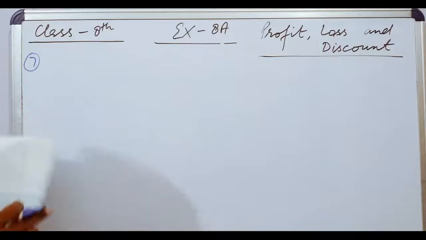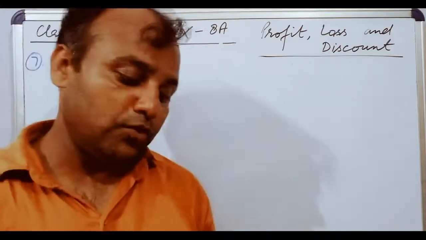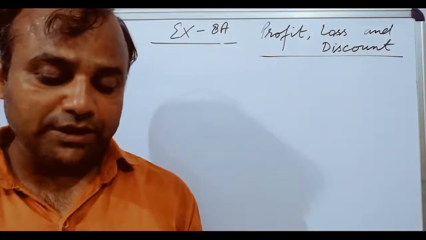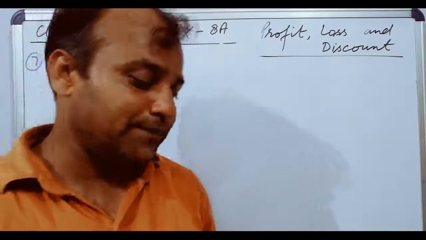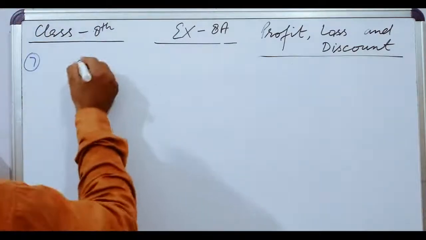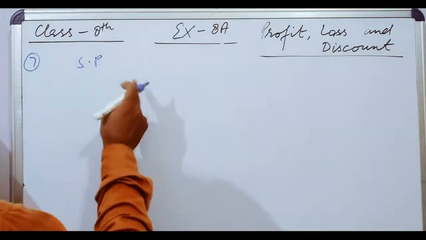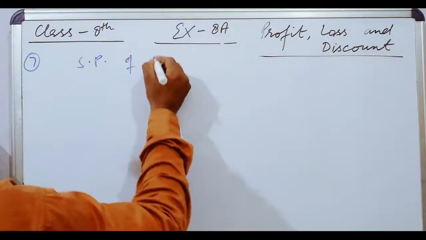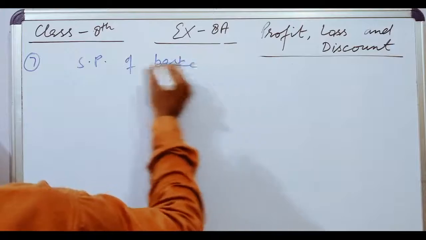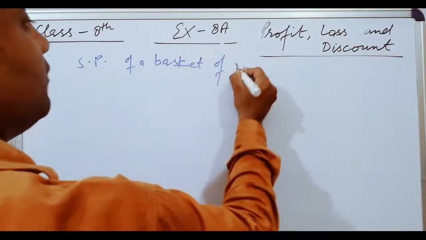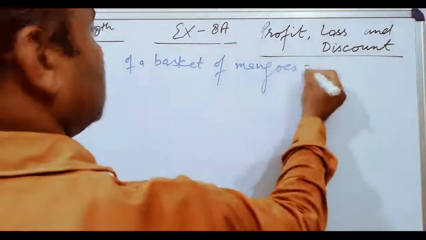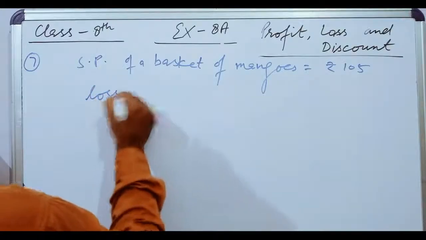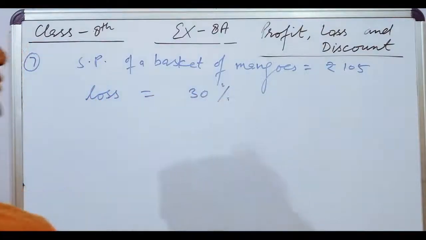Okay, student. Question 7. By selling a basket of mangoes for rupees 105, a fruit seller loses 30%. For how much should he sell it to gain 40%? So SP of a basket of mangoes equals rupees 105 and loss equals 30%.